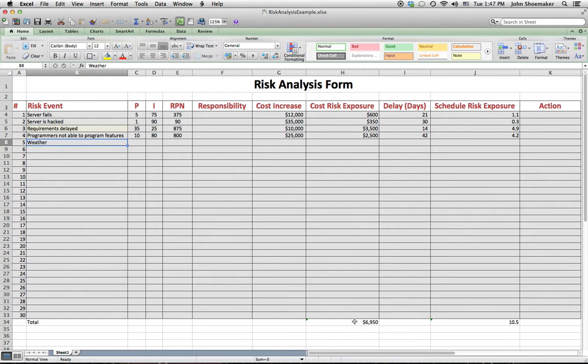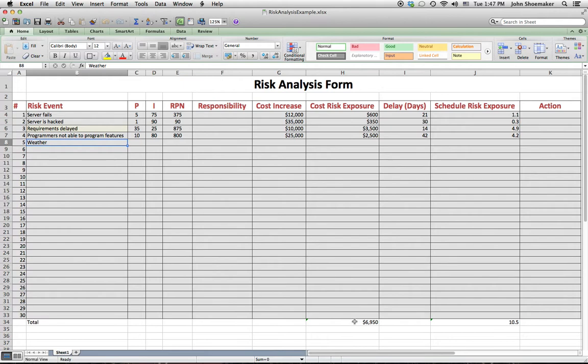That's essentially what this tool does. It's telling us how much the work we don't know we have to do will cost us. At least it's an estimate. And in this particular case, it's $6,950.